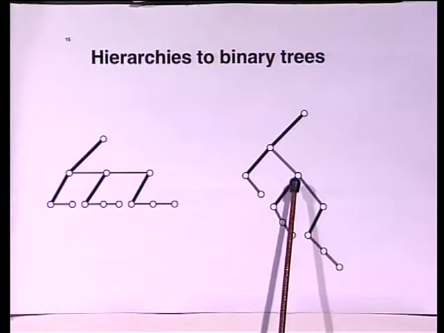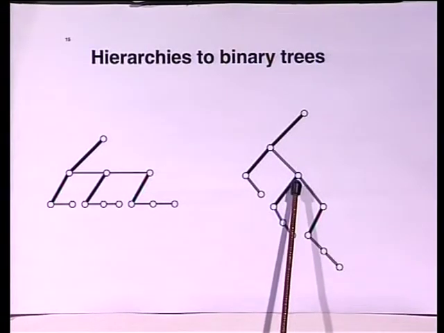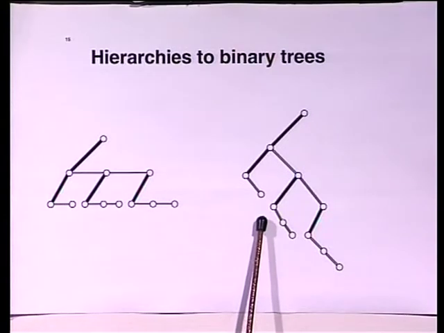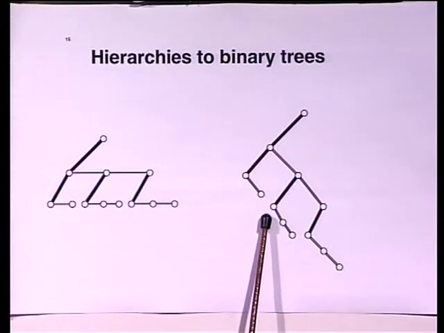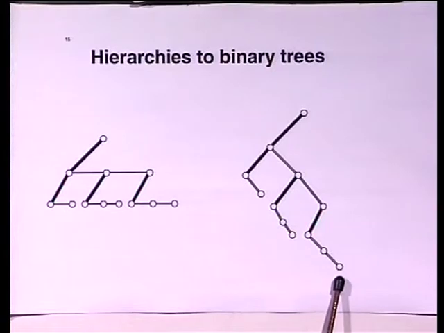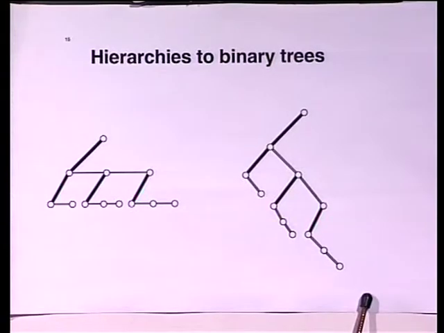And you can see that at some places in this structure there's only a choice of one thing to do. So here we can only go down to the right. Right at the bottom of the structure we can go down neither to the left nor to the right. And these structures are called binary trees.